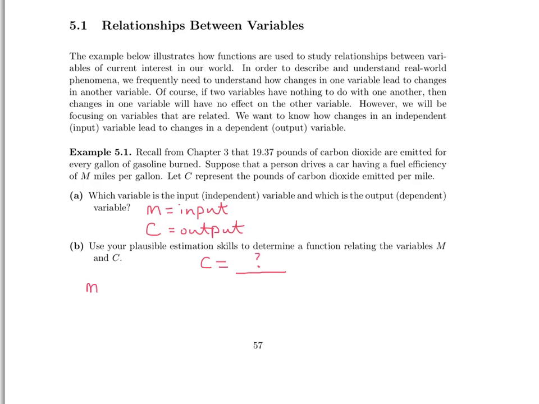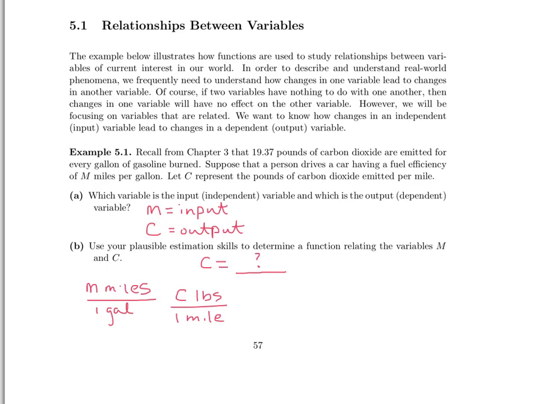In other words, m miles per 1 gallon of gasoline. C represents our carbon dioxide emissions. So C calculates the number of pounds that are emitted. C pounds are emitted for each 1 mile driven.